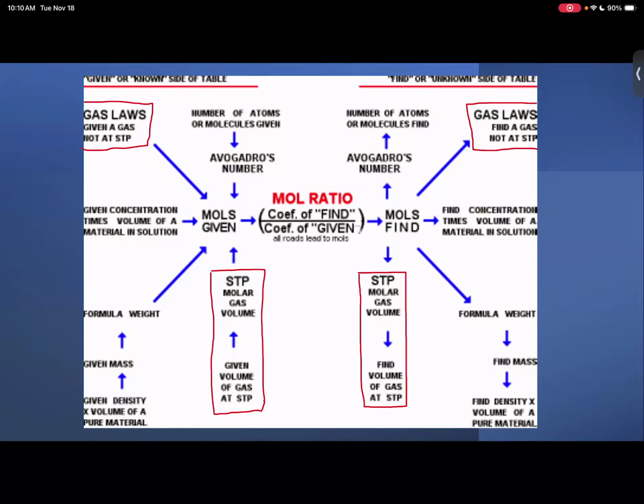And then once you have it in moles of that second material, you've got options. We can get to the molar volume, we can get to the molar mass, we can get to the number of atoms or molecules. But it all started with taking the gas law and getting it in the moles. So we're just adding new pieces to this.